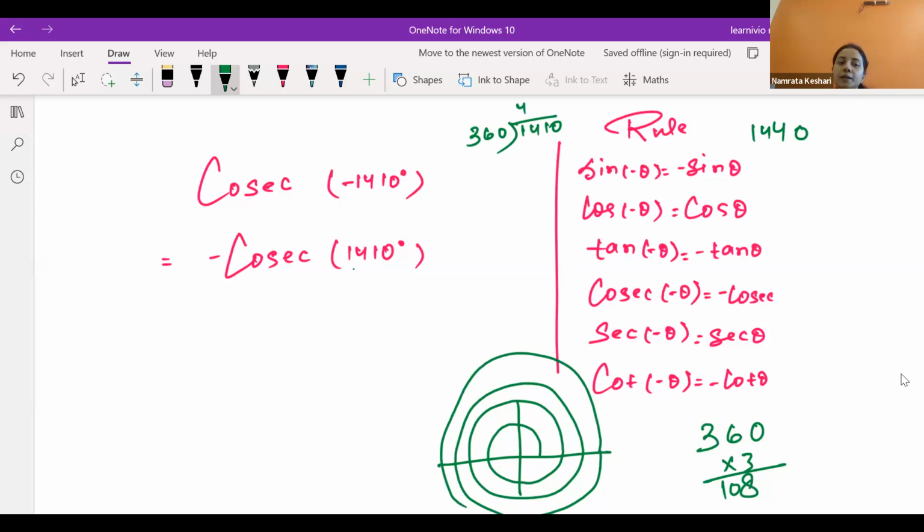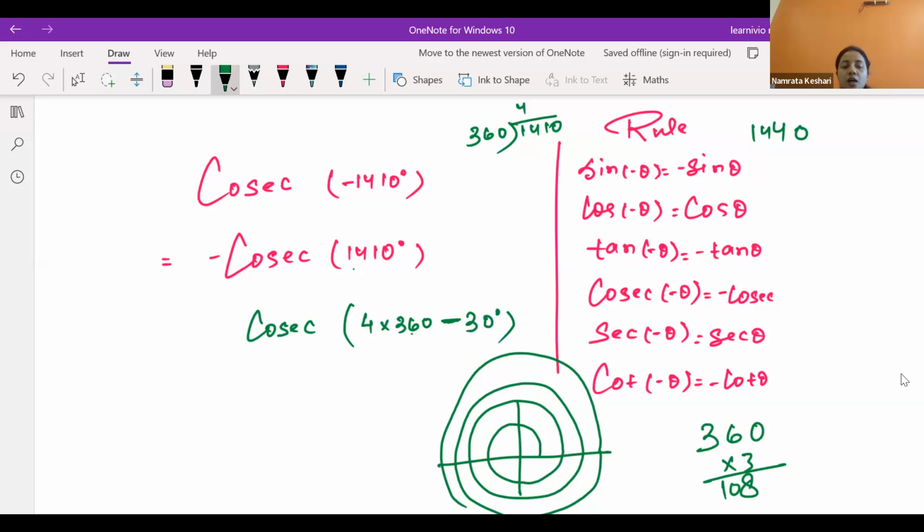We will write cosec of 4 times 360, which became bigger than this one. So for that we need to subtract how much? 30 degree. Getting it? Yes, ma'am. 4 times 360.